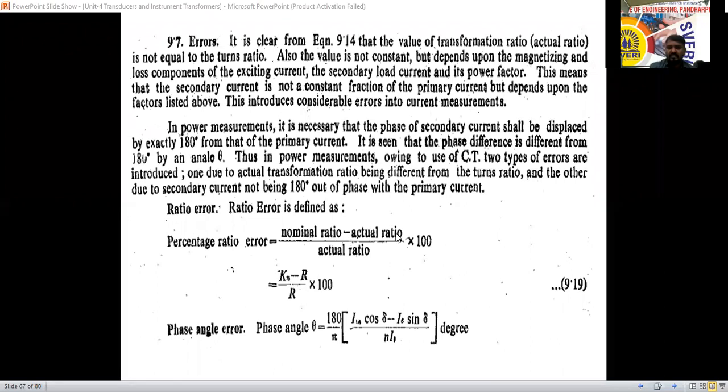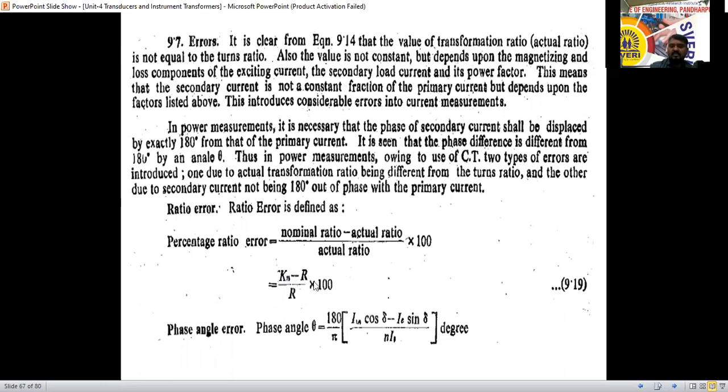Actual ratio is nothing but the transformation ratio. This is R, whatever we derived just now in this equation, and the nominal ratio is the magnitude of primary current to secondary current. Kn minus R divided by R is the percentage of ratio error.